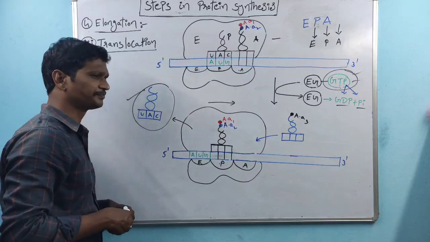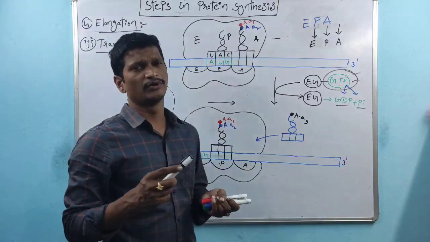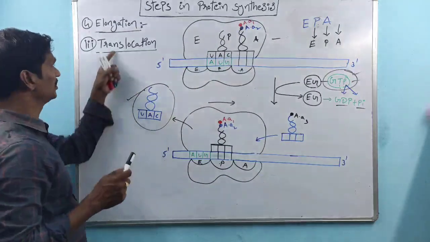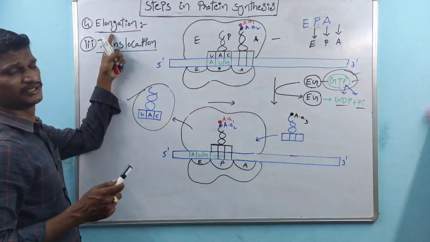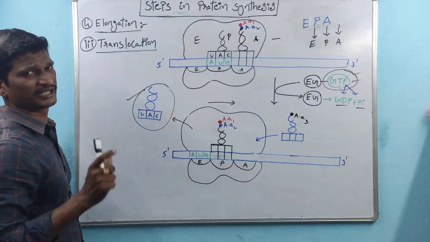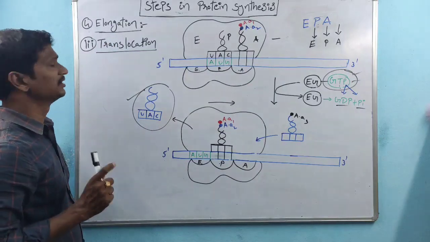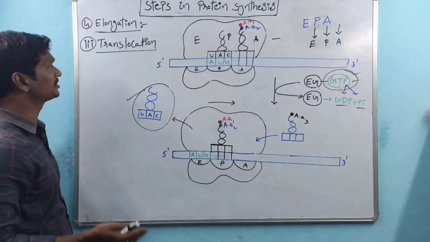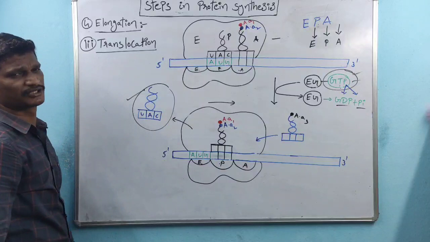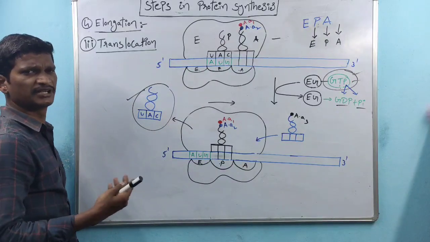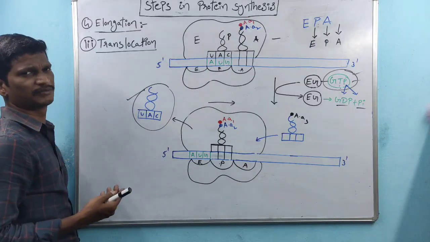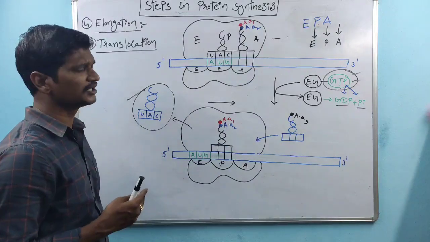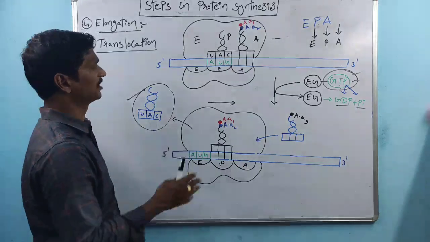By this mechanism, we know the very first step in elongation is codon recognition, the next step is peptide bond formation, and the third step is translocation. These are the steps seen in elongation, and they happen repeatedly. Finally, elongation takes place. That is about the elongation.